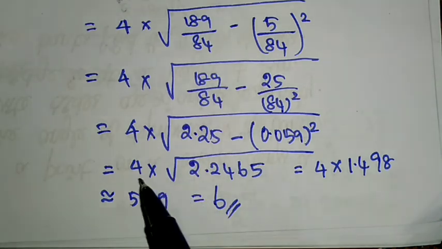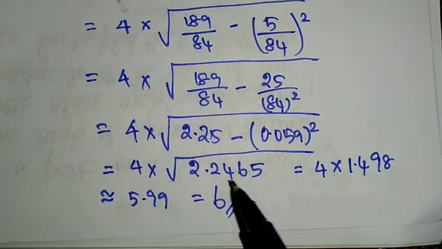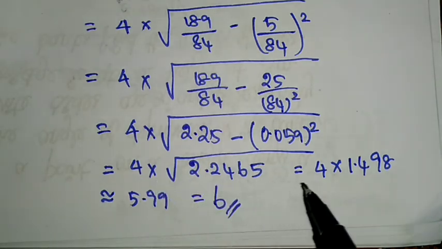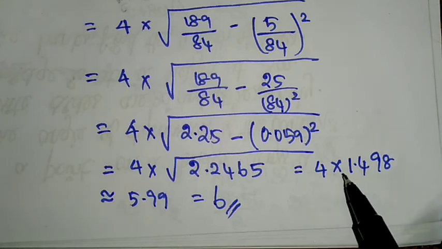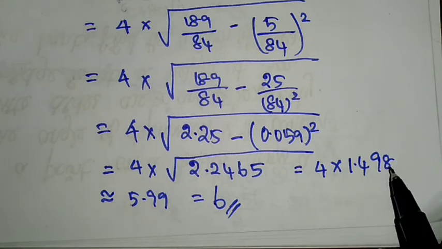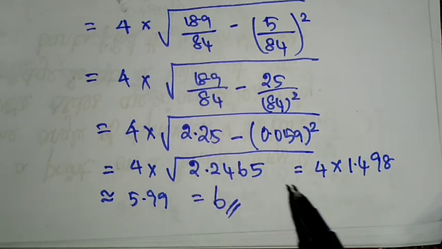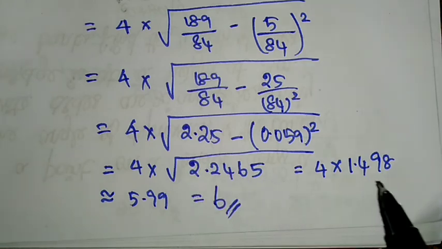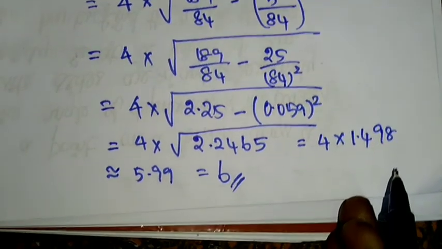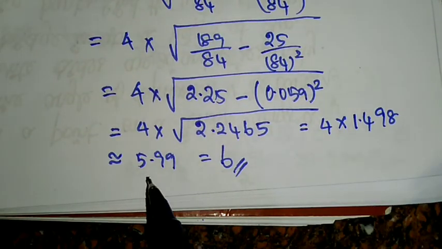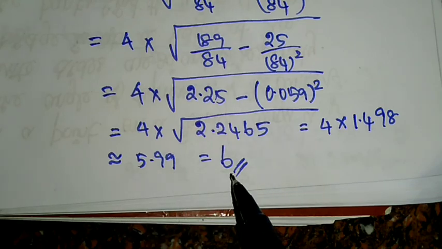So 4 into root of 2.2465 is equal to 4 into 1.498. Here root of 2.2465 can be written as 1.498. So 4 into 1.498 is 5.99, approximately equal to 6.